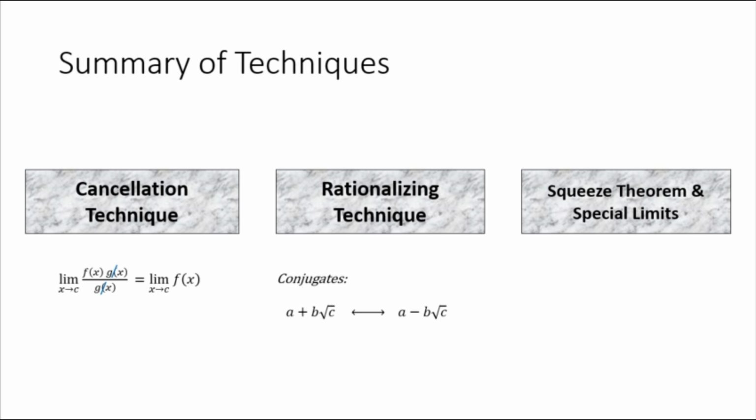The third one is rational functions that can be solved by neither cancellation nor rationalizing techniques, such as sine x over x. Hence, a more advanced technique is needed. The property called the Squeeze Theorem responds to that call. This theorem yields two special limits, those two.